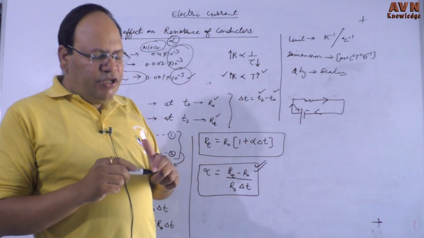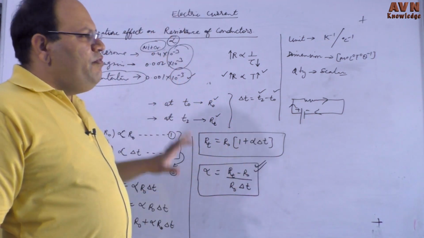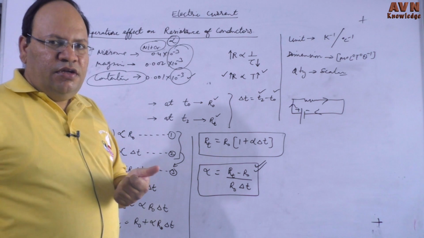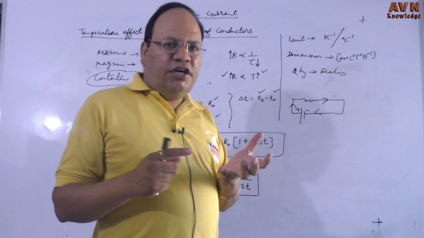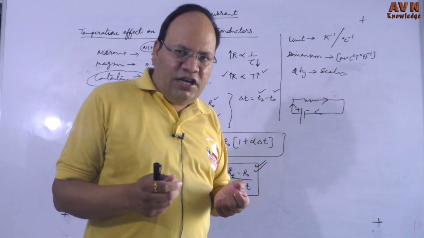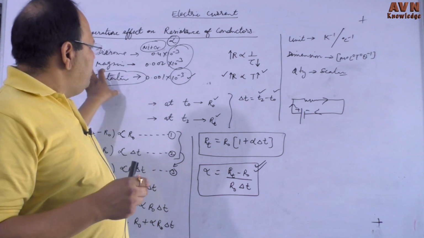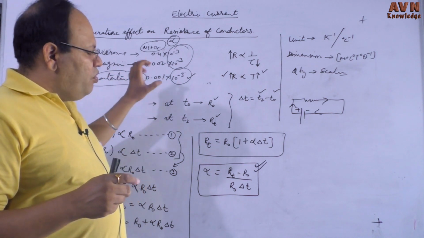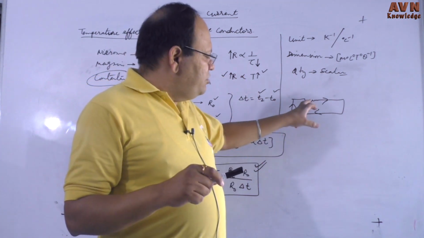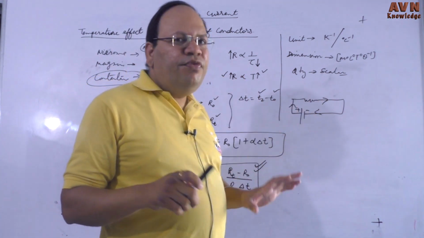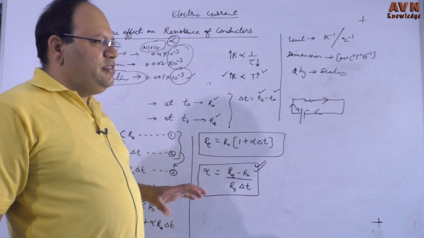When we flow current, the wire will heat. So we generally use constantan or manganese in the physics laboratory, in the potentiometer and various other experiments. Constantan wire does not heat due to the flow of current because the temperature coefficient is very small.